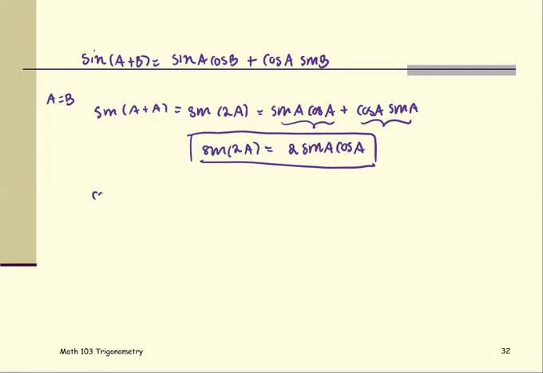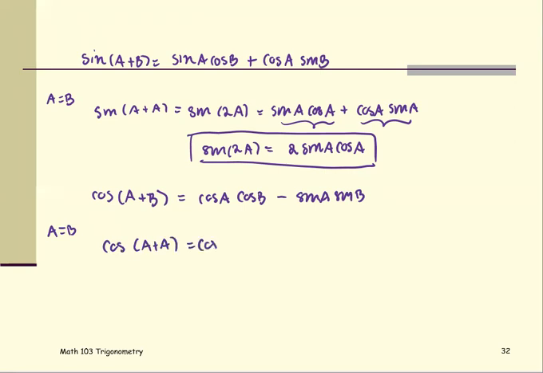Similarly, when we look at the sum formula of the cosine function, cosine of A plus B is cosine A cosine B minus sine A sine B. For the case that A equals B, we look at cosine of A plus A, or cosine of 2A.